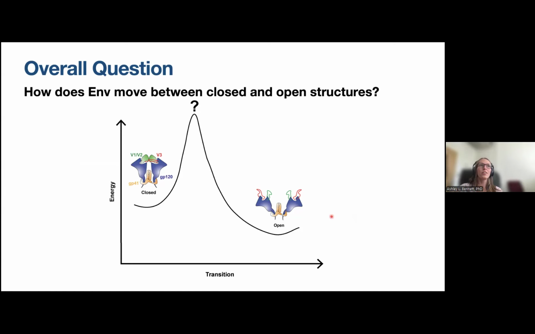These intermediates can be much harder to capture with traditional structural methods because they are unstable. But we do believe that we need to understand what's happening in this transition, like I've said before, to better design our vaccines.